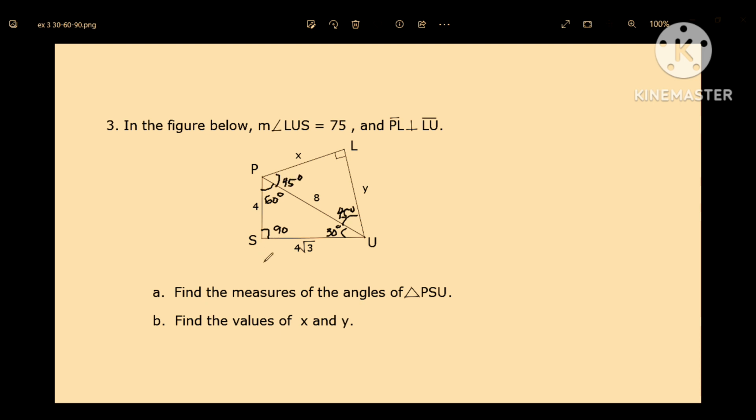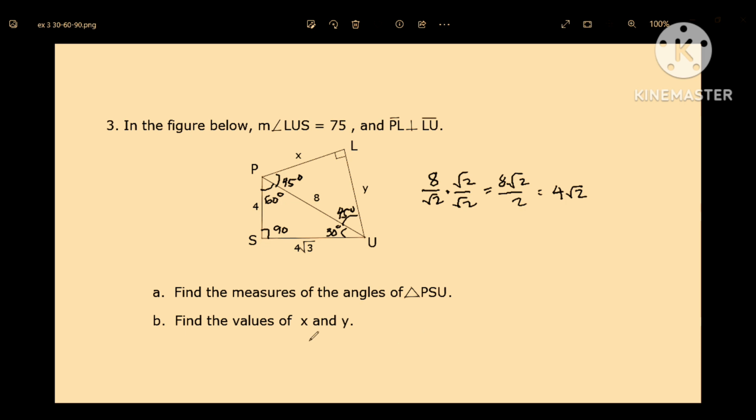So that makes a 45, 45, 90 right triangle. And since the hypotenuse is equal to 8, then to solve for the leg, we divide 8 by square root of 2. And 8 divided by square root of 2, we rationalize, multiply by square root of 2 over square root of 2. So that makes 8 square root of 2 over 2, or 4 square root of 2.